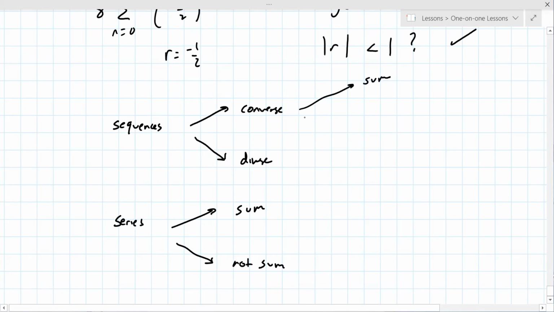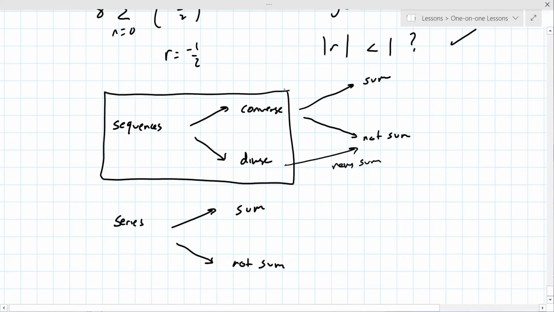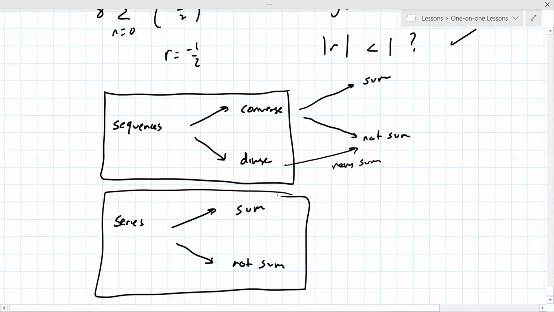But they can converge but not sum, and that's not great. If they diverge, they never sum. So the correct language is that the sequence converges or diverges, and the series has a sum or does not have a sum.